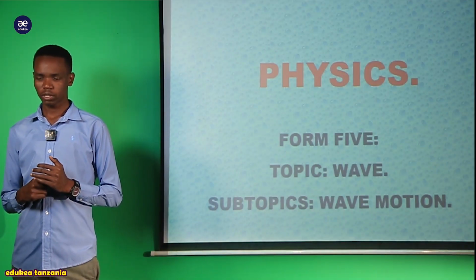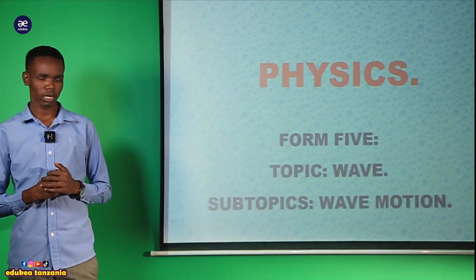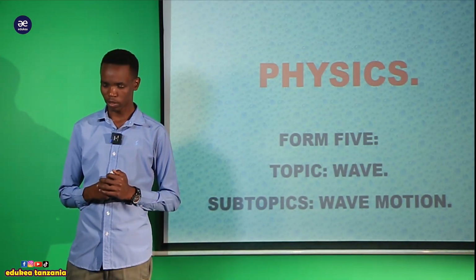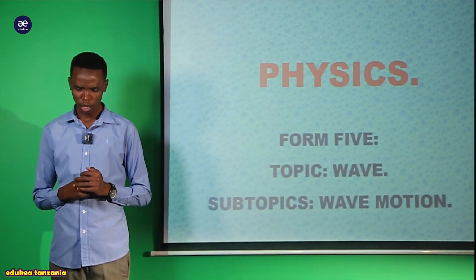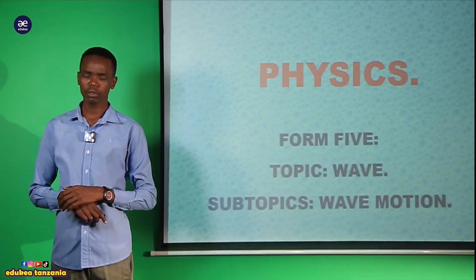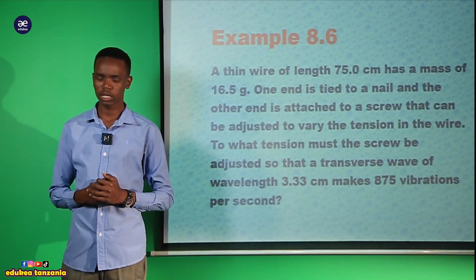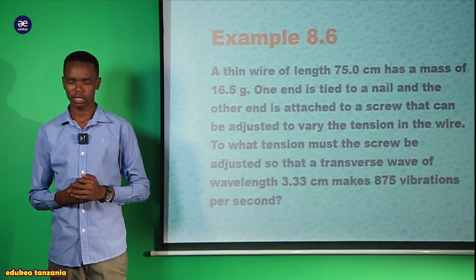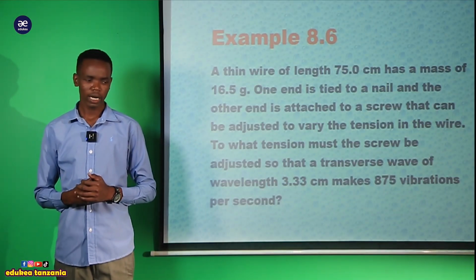Today, my dear student, we are going to proceed with our discussion on the topic of waves, for the subtopic of wave motions. Before we proceed, we should remember where we ended in the last session.